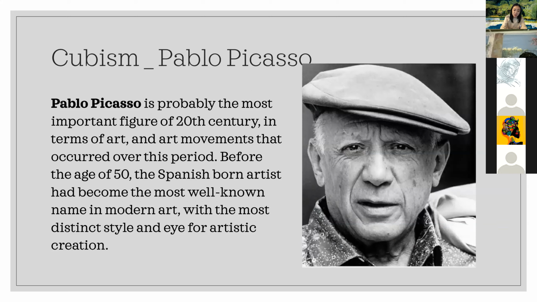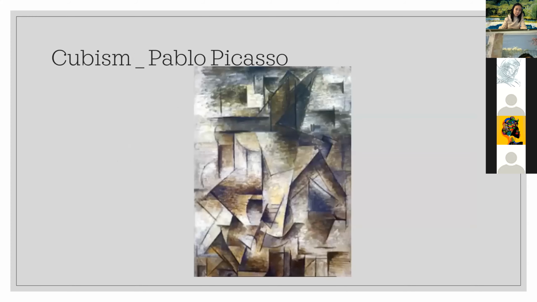Before the age of 50, the Spanish-born artist had become the most well-known name in modern art, with the most distinct style and eye for artistic creation. This is Pablo Picasso's very aggressive style of Cubism painting.